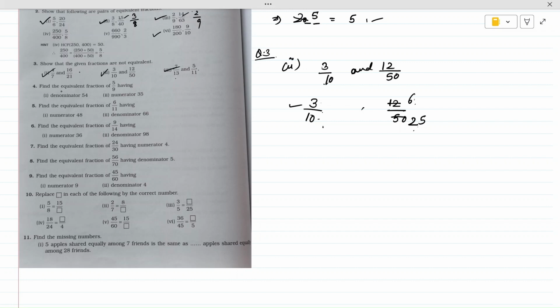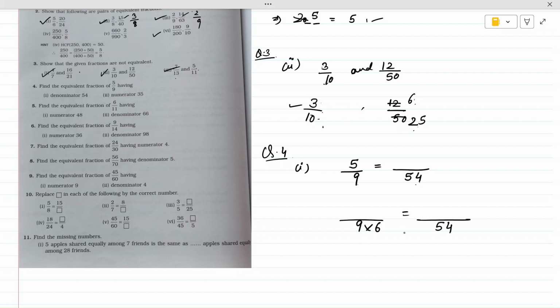So this is done. Now we have to find the equivalent fraction of 5 by 9. Question number 4, first question I am picking. For 5 by 9, we have to find the equivalent fraction such that the denominator is 54. Kids, you can see that 54 has 9 as a factor, that means if you multiply 9 with 6, we get 54.